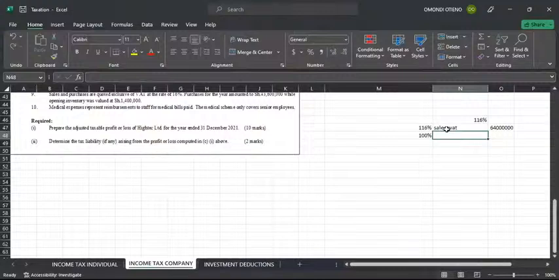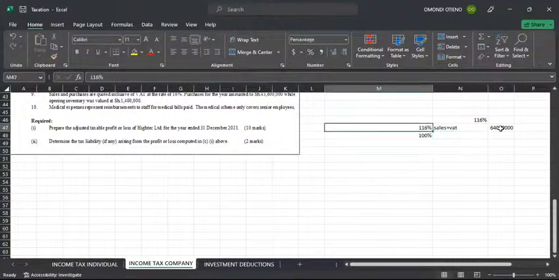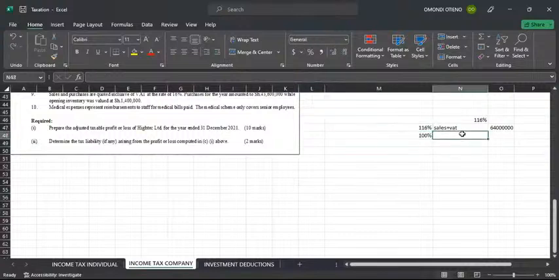The VAT which has been included there should not be recognized as revenue because you are just collecting it from these people and you are going to remit it to the revenue body. So let's get the real sales, that is 100%. If 116% is 64 million, 100% will be what?